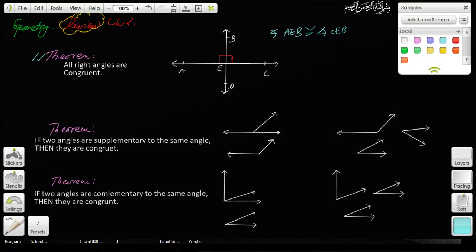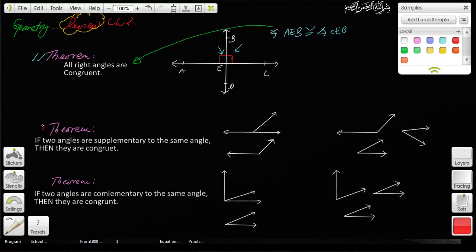Now, why is this so? Because you're given that they're both right angles, but you can't just say that, you have to cite a reason for it, and the reason is the theorem that says all right angles are congruent. So this is one of the important theorems.